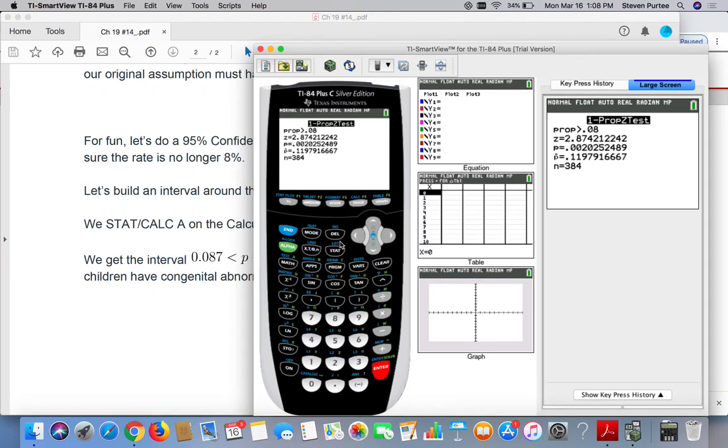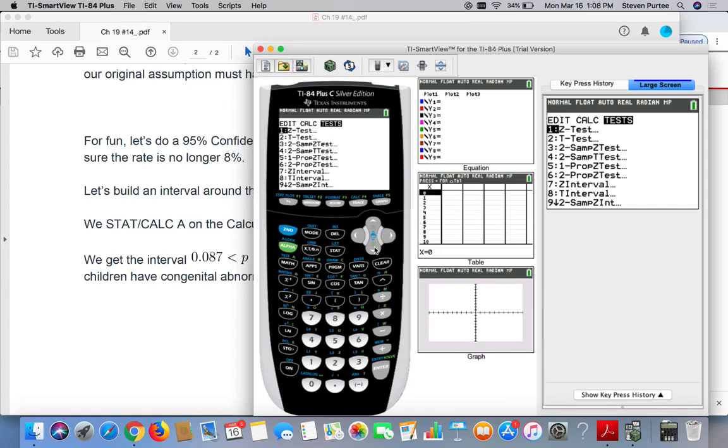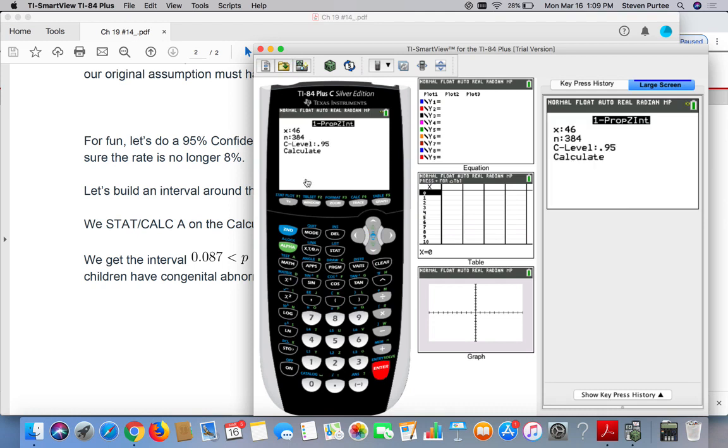We would just go stat, over to tests, and then down to A. A one prop, oh, I went way too far. It's not very responsive. One prop interval.